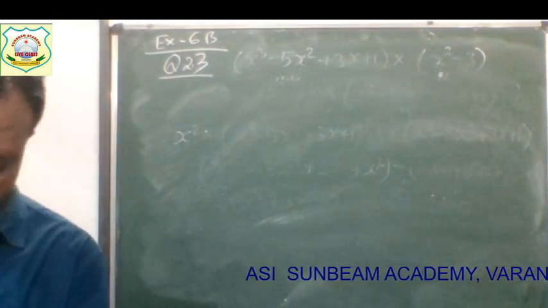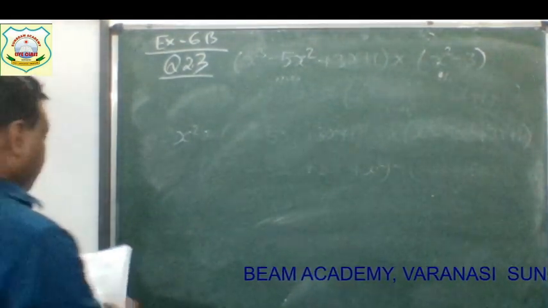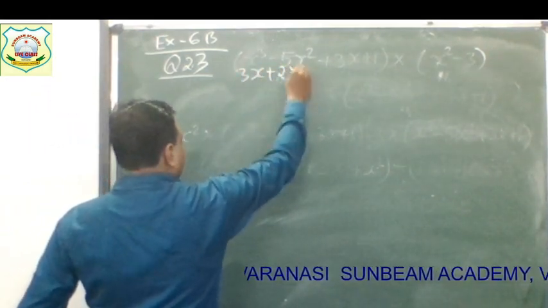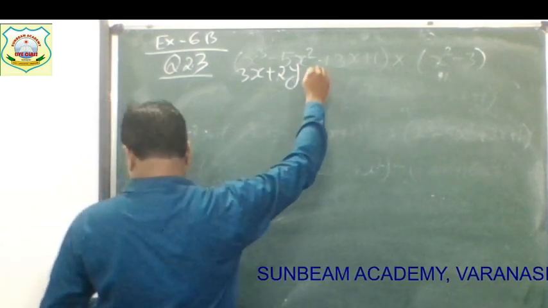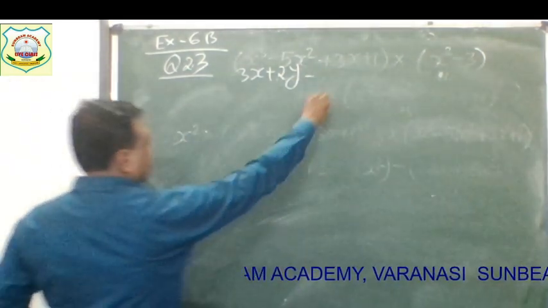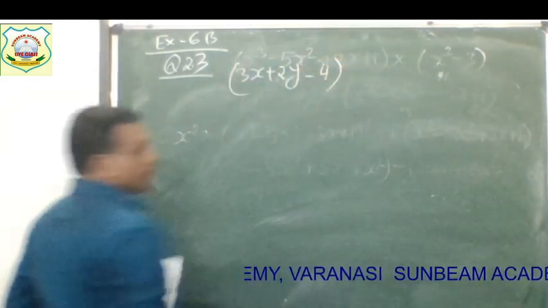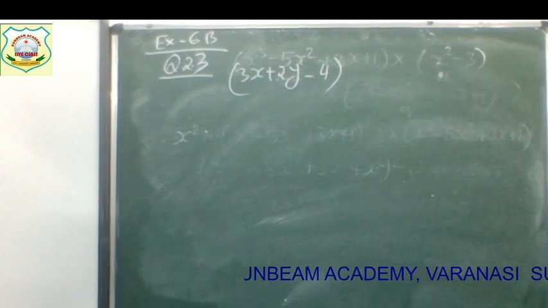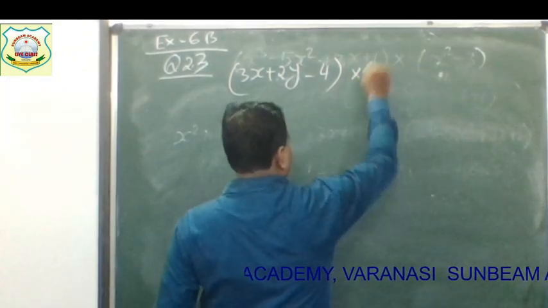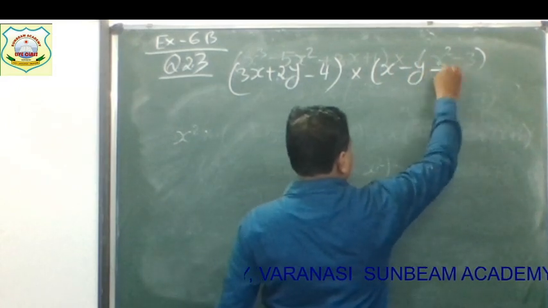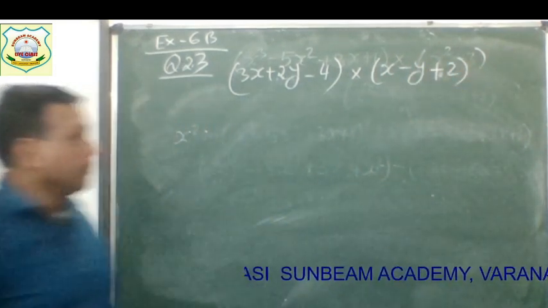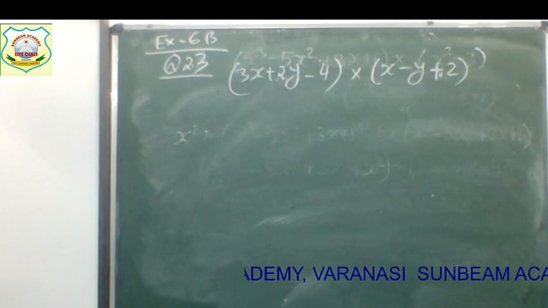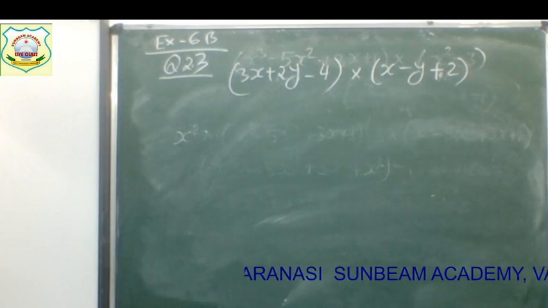Now question number 23 is given, a little bit tough this one: 3x plus 2y minus 4, and the second one, x minus y plus 2. Multiply x minus y plus 2. Also you can see in your book that this same thing is given: 3x plus 2y minus 4 multiply x minus y plus 2.